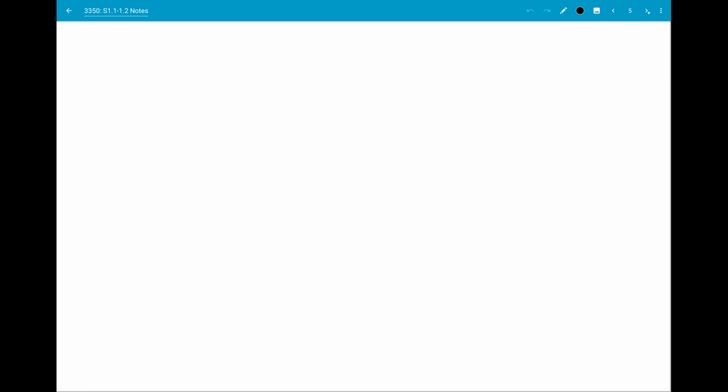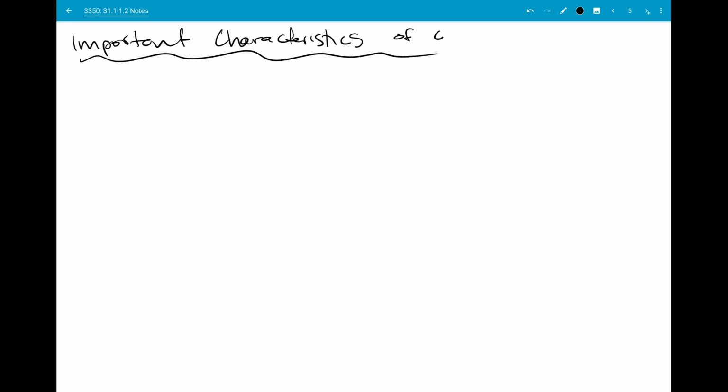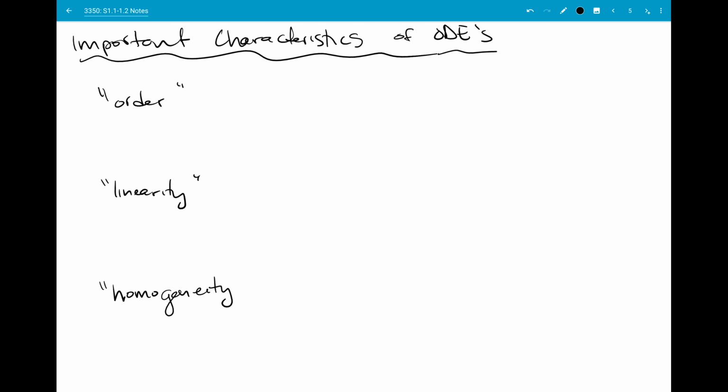And so I think this is going to be our last little slide of vocab words for a bit. It's going to be all about those important characteristics for any differential equation that we're working with. And so they're going to be order, linearity, and homogeneity. And we might switch that to homogeneous when we get to it.